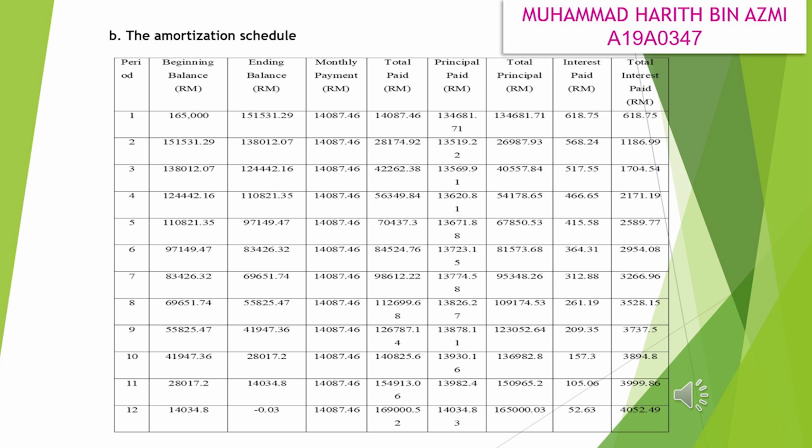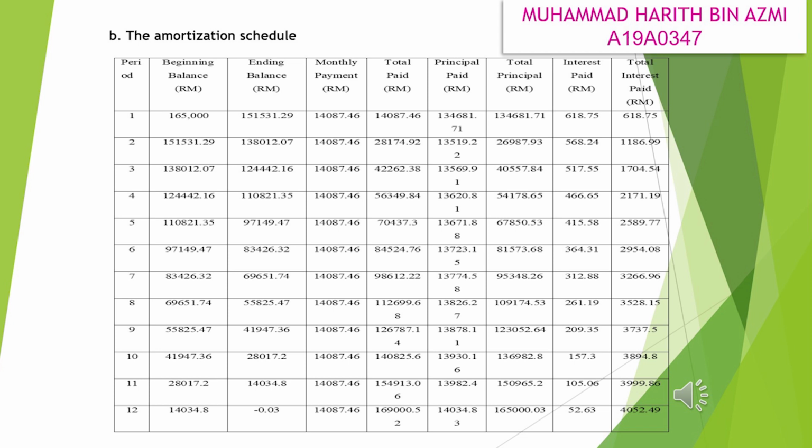And the answer is 13,468.71 ringgit. The answer is still the same for the total principal. The value of total paid is the same as the monthly payment, which is 14,087.46 ringgit.